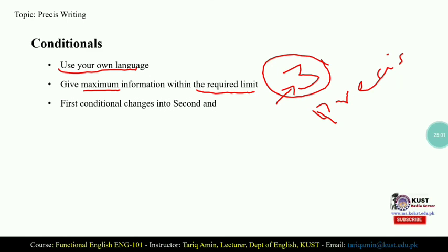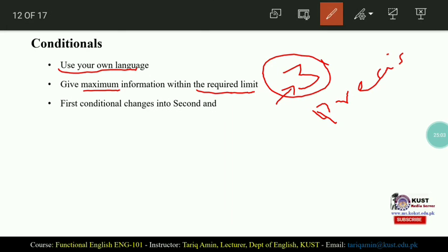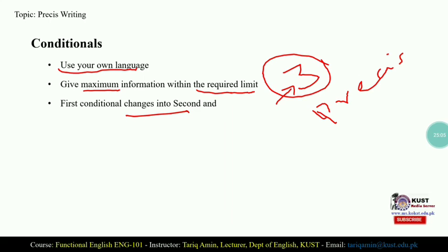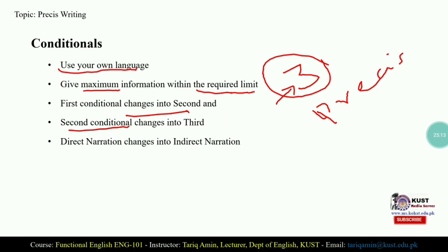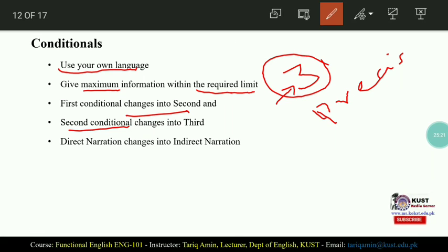First conditional changes into second conditional in précis. And what about second conditionals? Second conditionals change into third conditionals. Now, what are second conditionals and what are third conditionals? We will discuss them in the next slide. And direct narration changes into indirect narration. Now, what are direct narration and indirect narration?